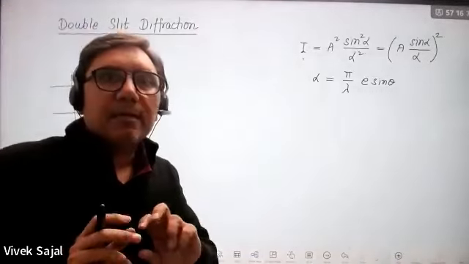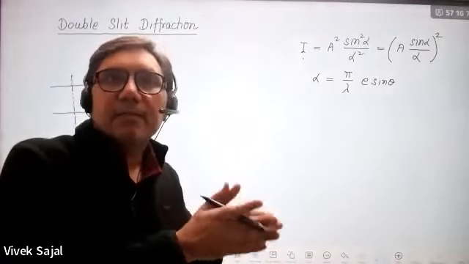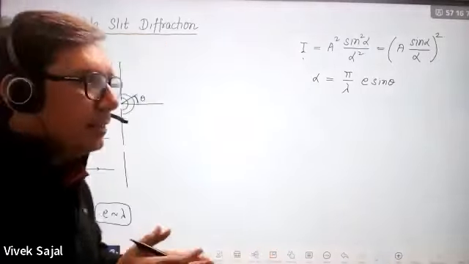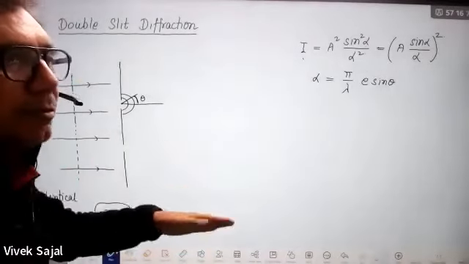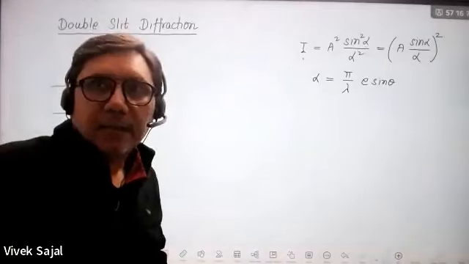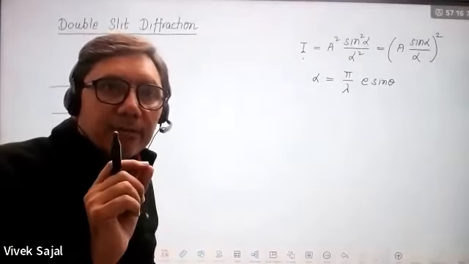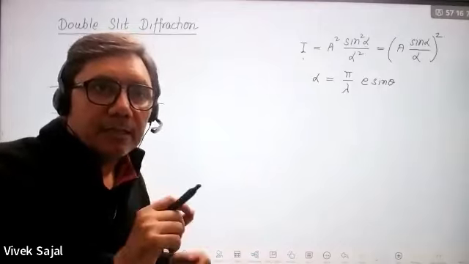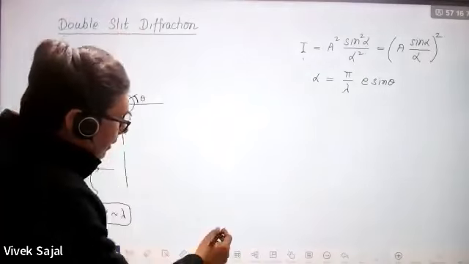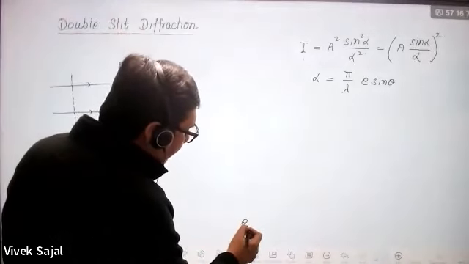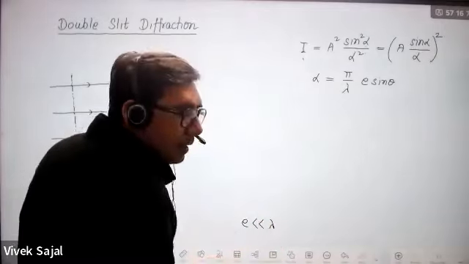We should remember that in Young's double slit experiment, we were observing interference only. But here we are having two slits and we want to observe the double slit diffraction experiment. In Young's double slit, we have point slits, very thin slits, with e less than lambda.